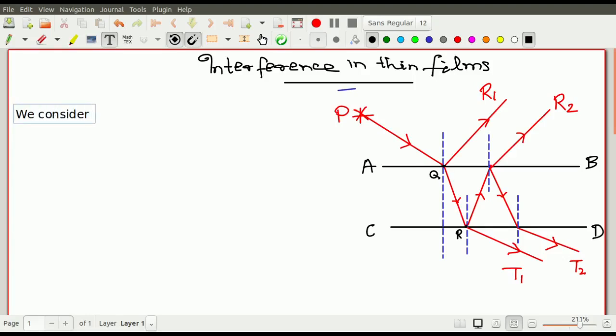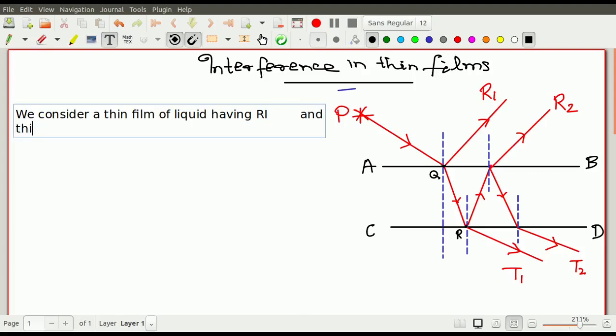So we consider a thin film of liquid having refractive index mu and thickness t.